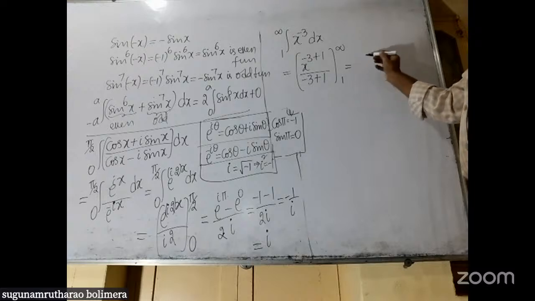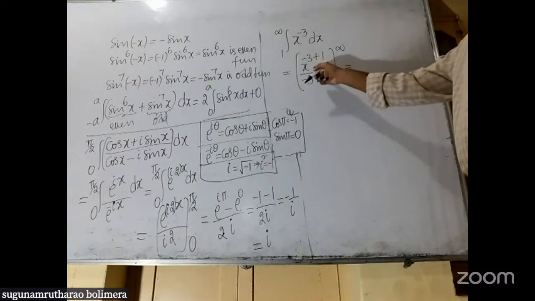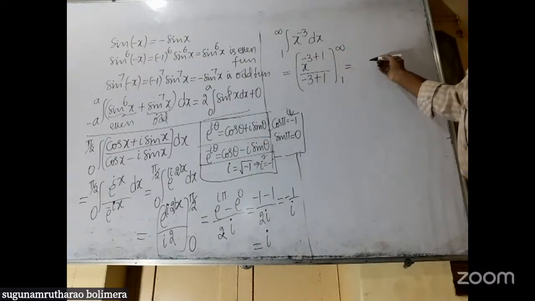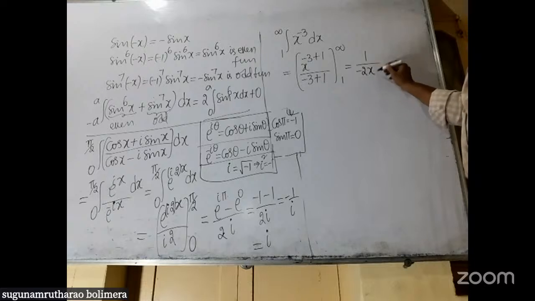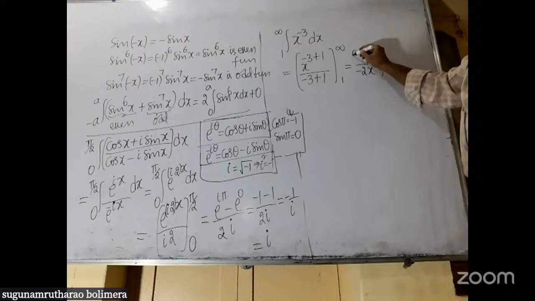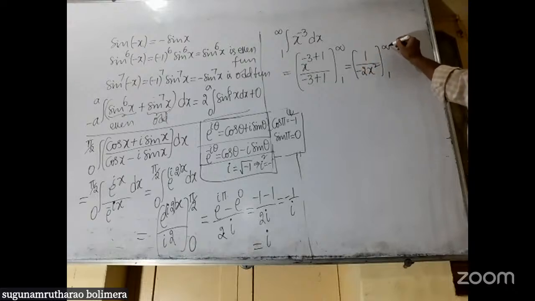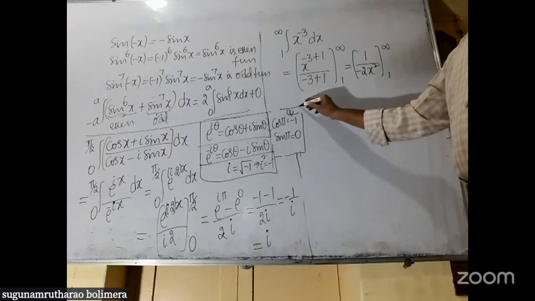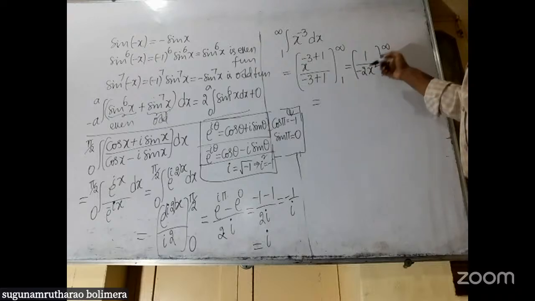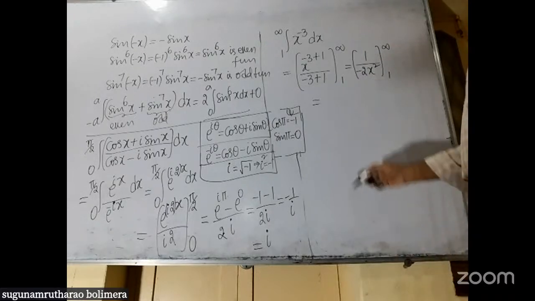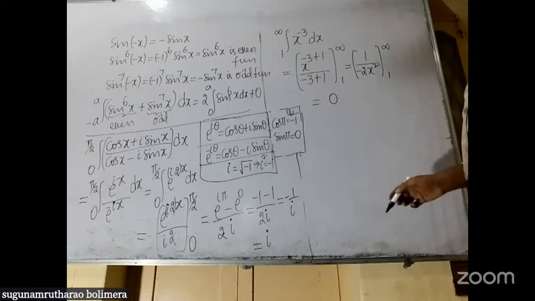So this is x power minus 2 divided by minus 2, that is minus 1 by 2x squared, limits from 1 to infinity. If you write infinity in place of x, that will be 0.